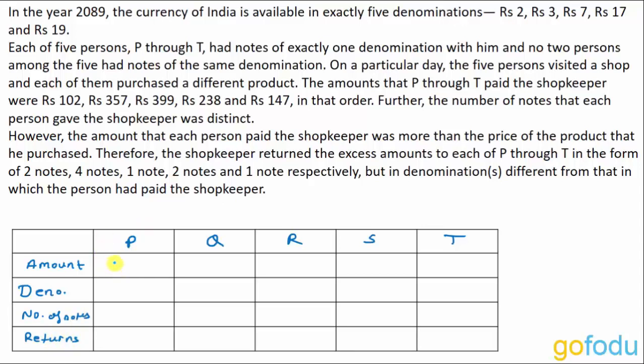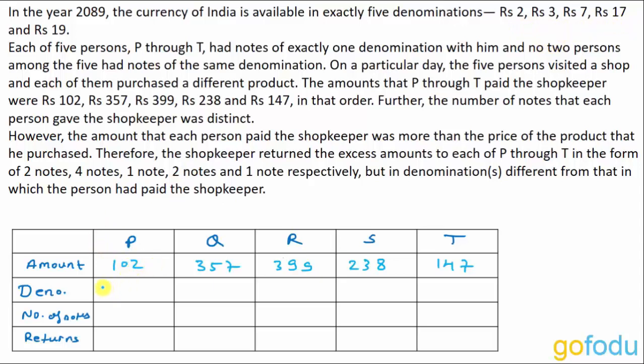Now P paid 102 to the shopkeeper, Q 357, R 399, S 238 and T 147. One thing we need to understand here is that if P is paying 102 rupees, that means this 102 should be a multiple of one of these 5 denominations. So we will check the divisibility of these denominations for 102.